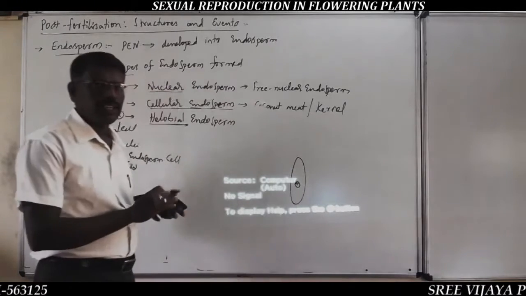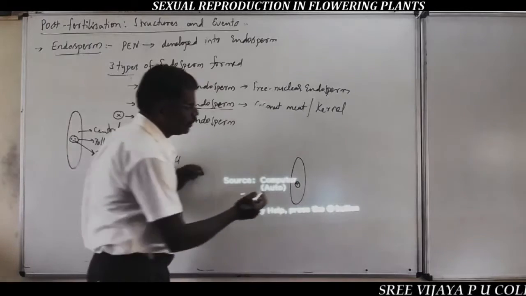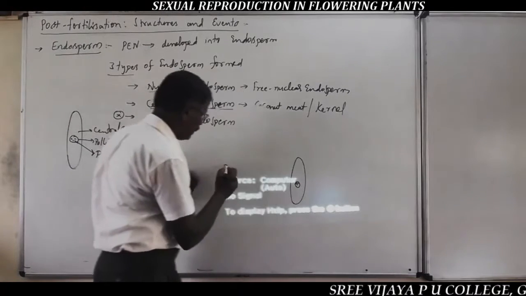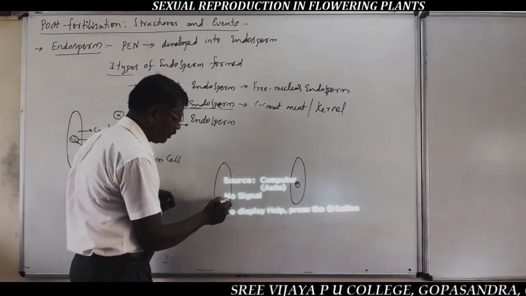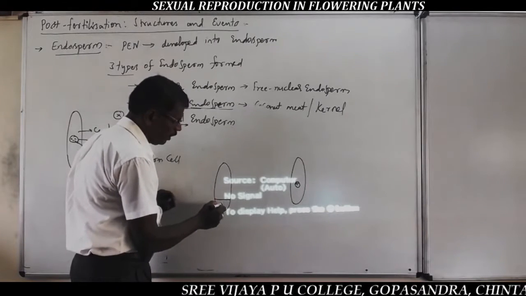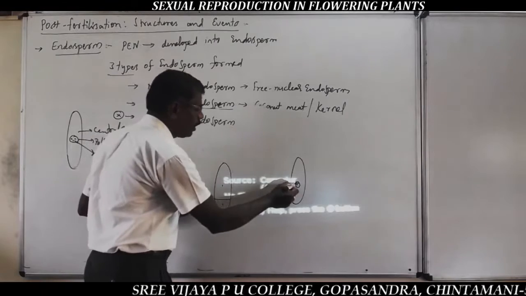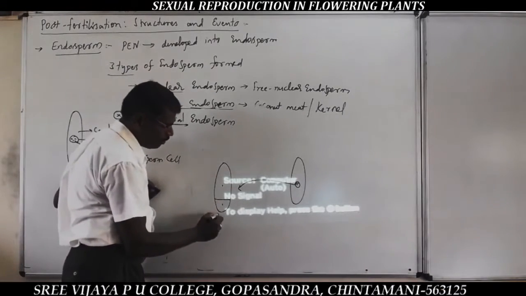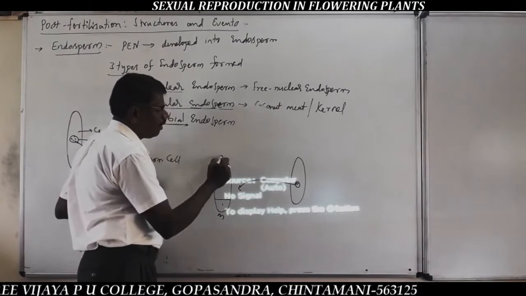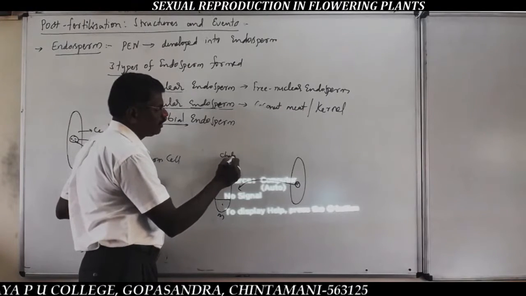Divide two cells. So it leads to formation of a small micropylar and a large chalazal.